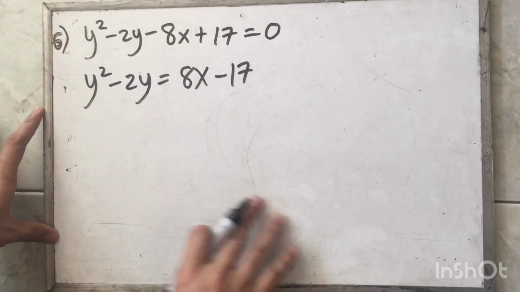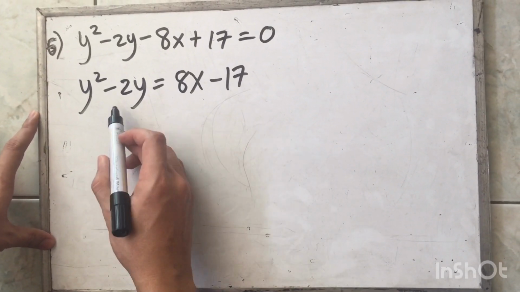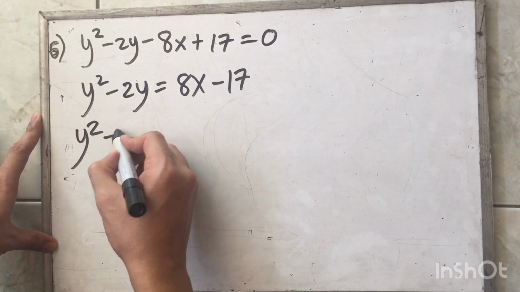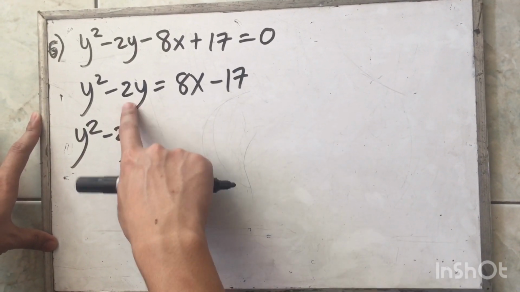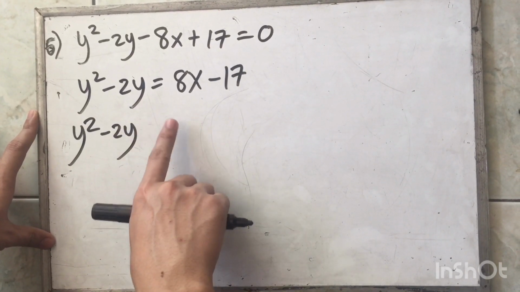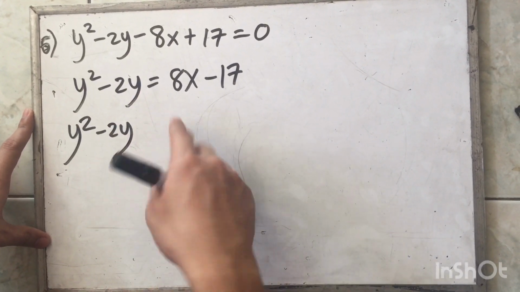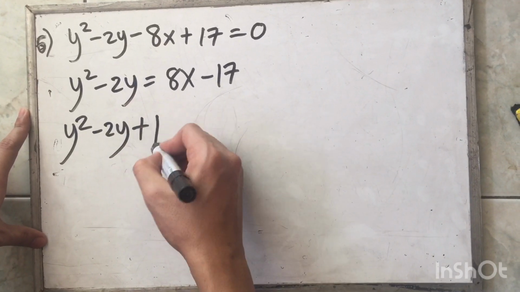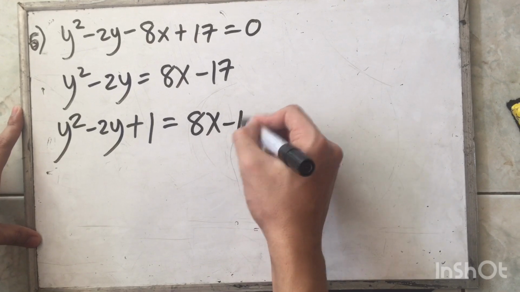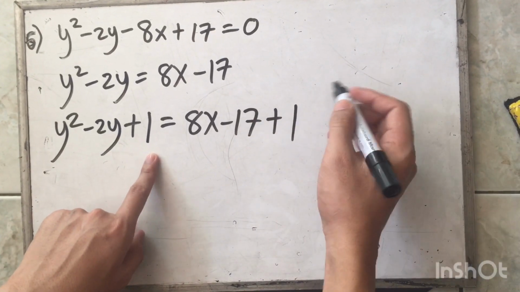And then by completing the square, divide negative 2 by 2 to become y squared minus 2y. Negative 2 divided by 2 is negative 1, times negative 1 equals positive 1. So plus 1 equals 8x minus 17 plus 1.